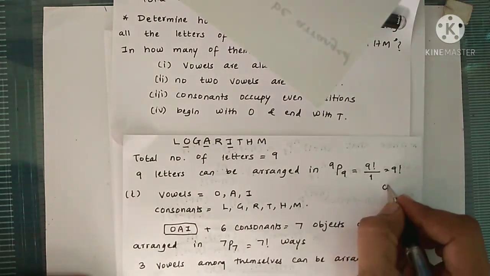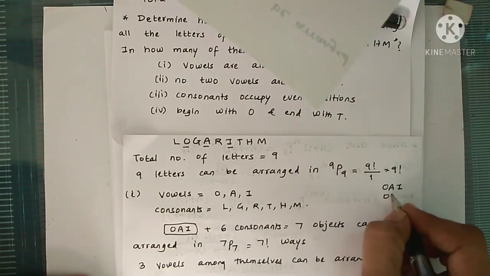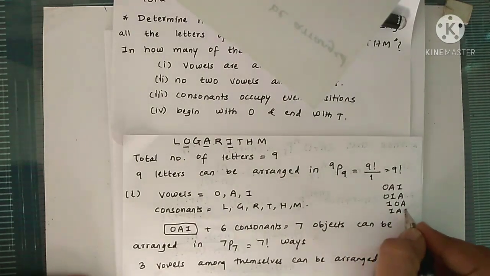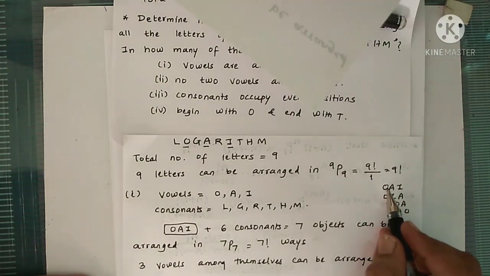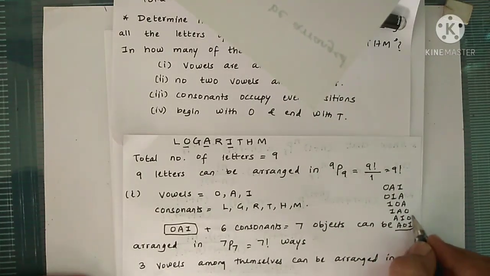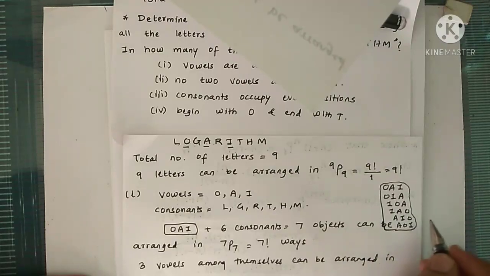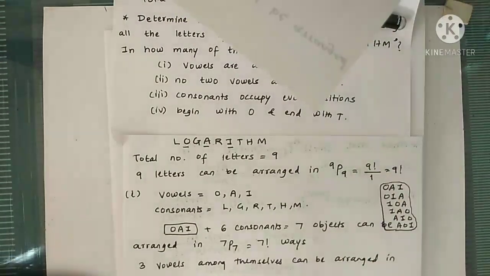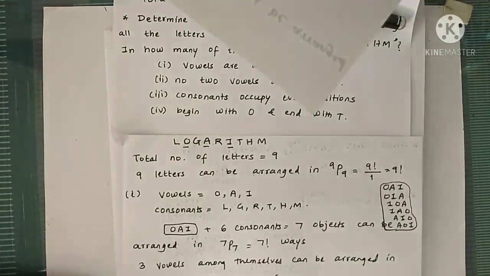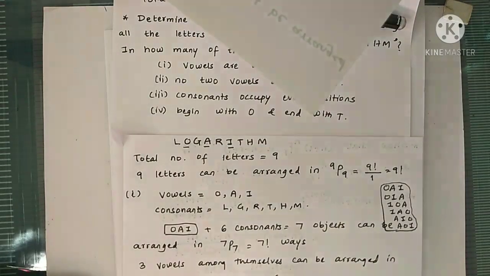Either you can arrange them as OAI or OIA, IOA, then first write A and then O. Like this, you see, you have 6 arrangements. They are together, but they can be arranged in 6 ways. So 3 factorial is nothing but 6.